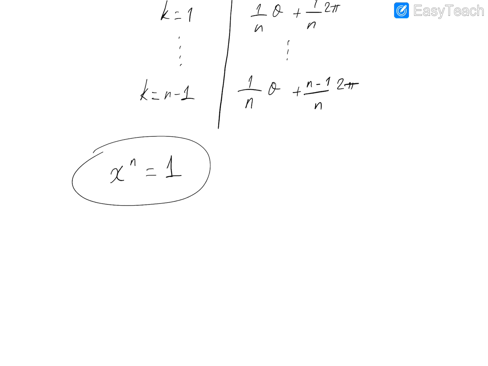Okay, so what is the nth root of unity then? The nth root of unity is c to the power 1 over n.